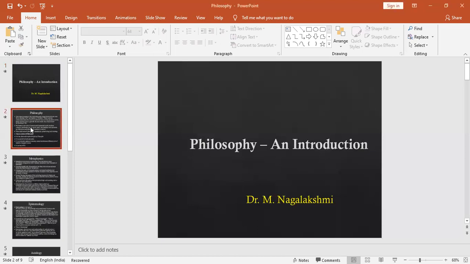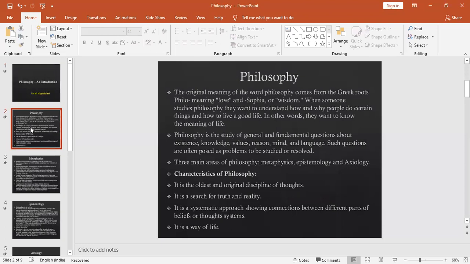What is philosophy? The original meaning of the word philosophy comes from the Greek roots philo, meaning love, and sophia, meaning wisdom. So, when someone studies philosophy, they want to understand how and why people do certain things and how to live a good life. In other words, they want to know the meaning of life. So, it's very simple. What is the original meaning of the word philosophy?